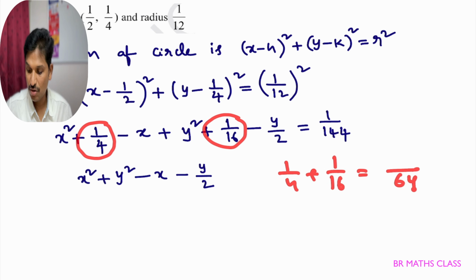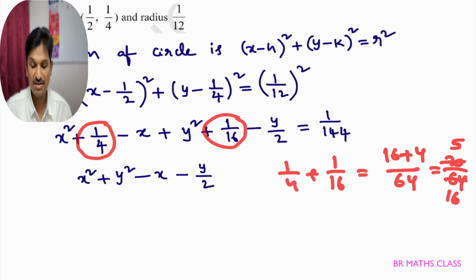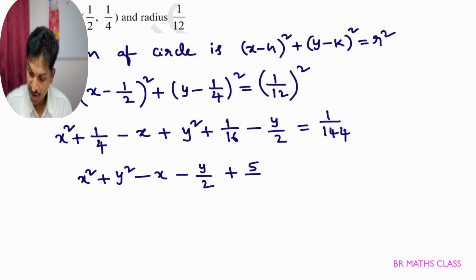LCM is 64. 4 in this 16, 16 in this 4, 20 divided by 64 you will get, right? 20 divided by 64, in this 4 table, 4 fives are 20, 4 sixteens are 64. So what you will get? 5/16 you will get, plus 5/16 equal to 1 divided by 144.